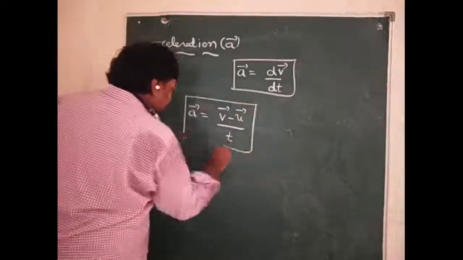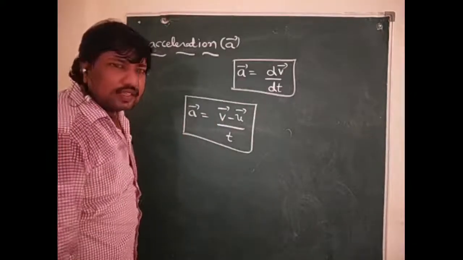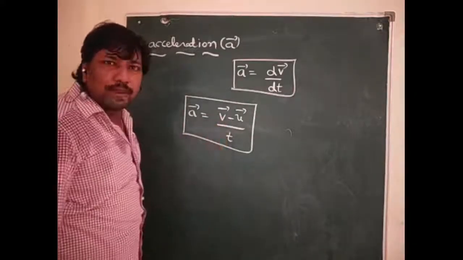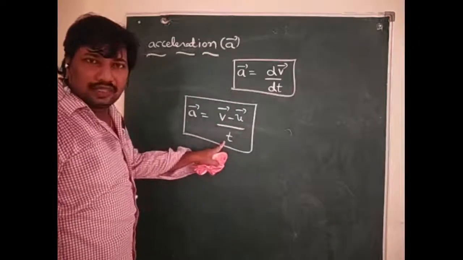Here V bar is the final velocity, U bar is the initial velocity. V bar minus U bar means change in velocity of the body.